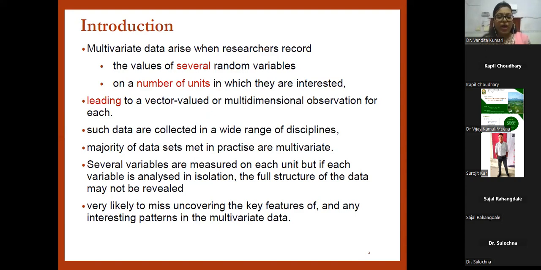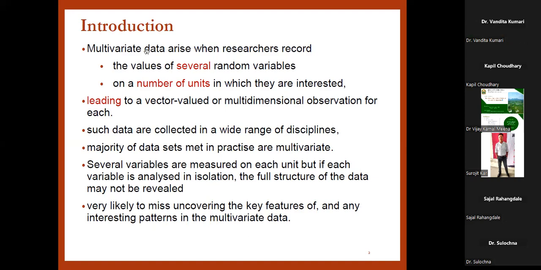If we analyze the data in isolation, taking only one variable to find a relationship or structure, we may not be able to find the full structure of the data, and we are likely to miss some key features available in that data. So we go for multivariate data analysis.